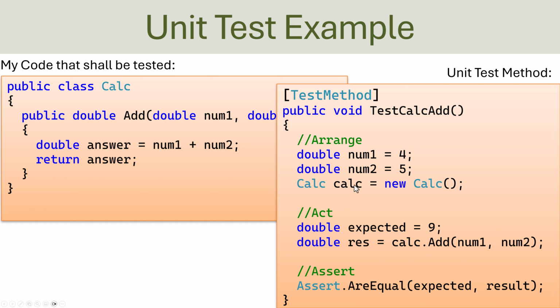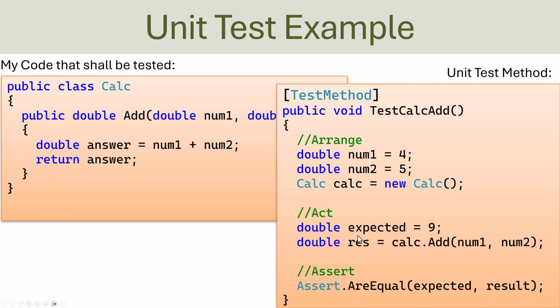So here we define the object that we have created in our code, and then we just try with two numbers. Number 1 set to 4 and number 2 equals 5. And then in this case, since these two numbers are added in our method here, the expected value should be 9.